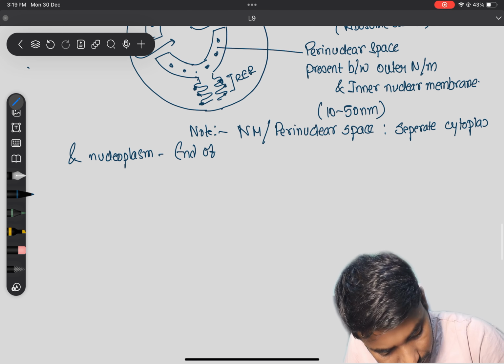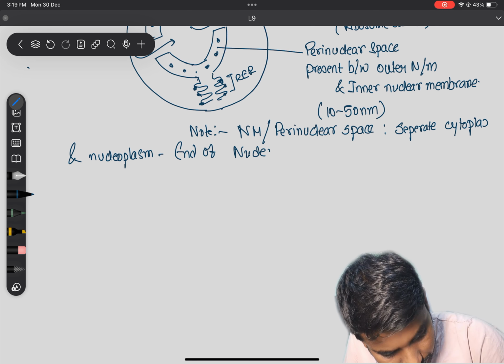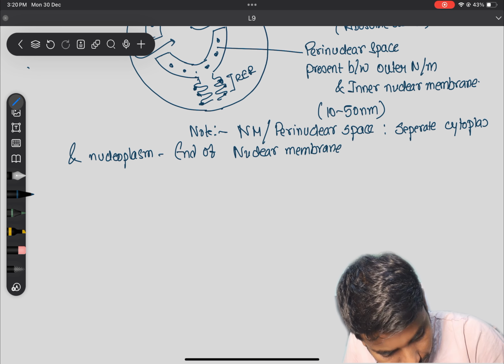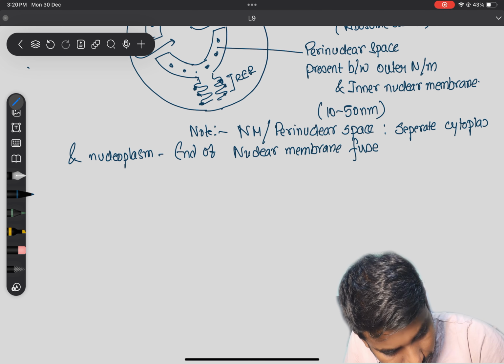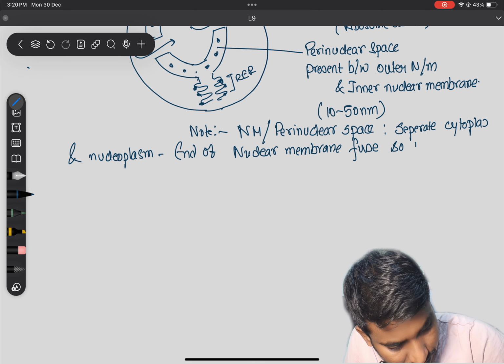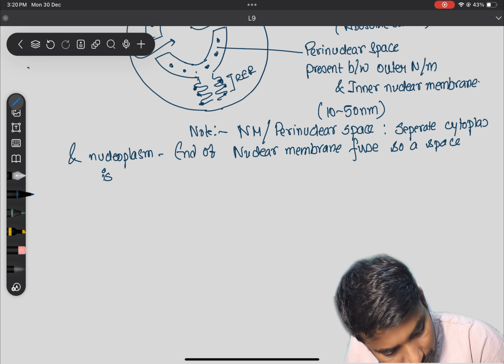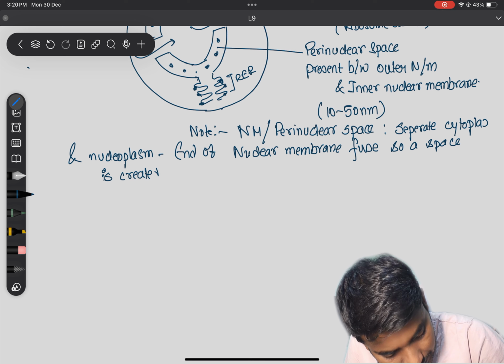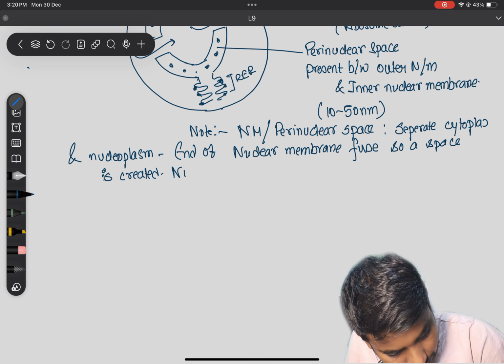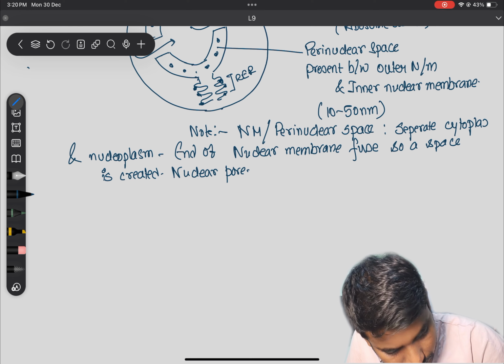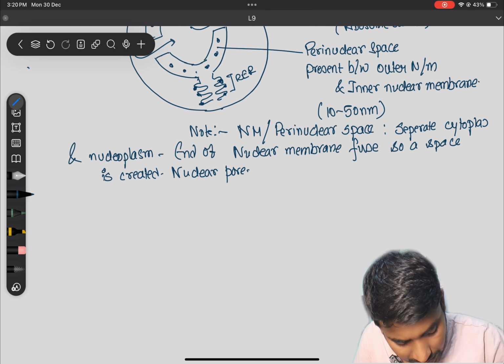At the end the nuclear membranes fuse, so a space is created. It is the nuclear pore.